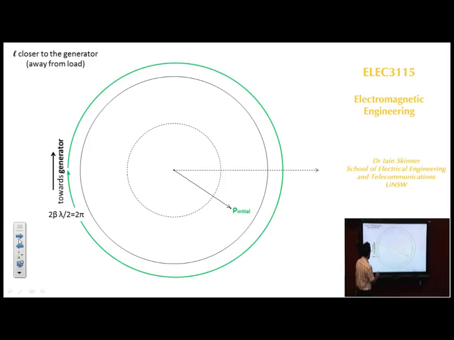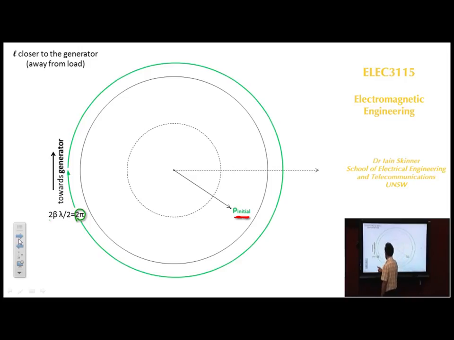So we look at our Smith chart. Here we have the angle 2 pi. Once around the Smith chart, 2 pi equals 2 beta lambda divided by 2, it's lambda on 2. Our initial reflection coefficient over here, we've plotted it, a complex number in the rho plane.